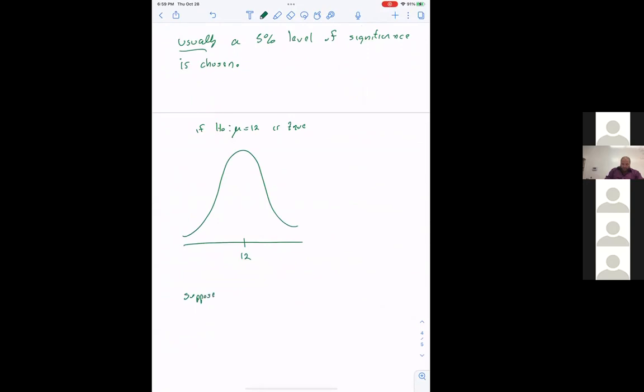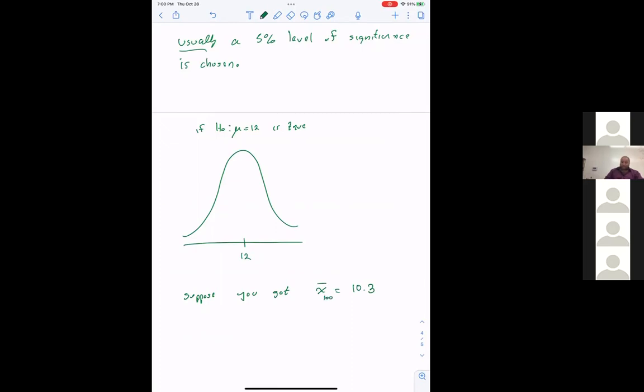Suppose you got a sample average of 10.3, and let's say from a sample of size 100.